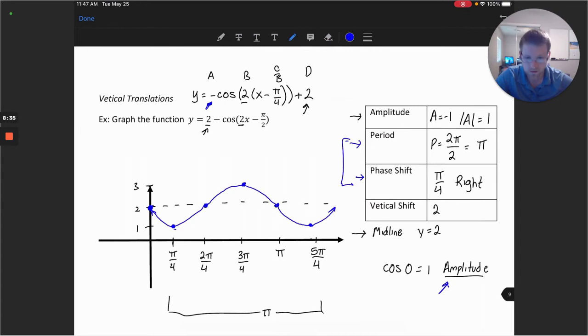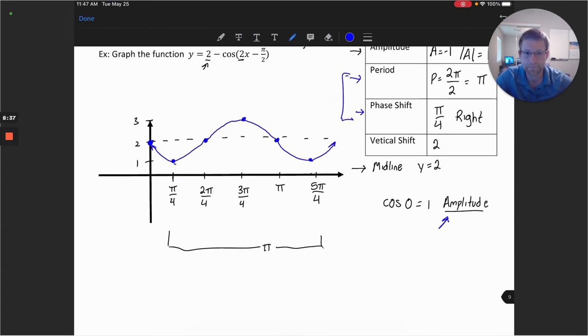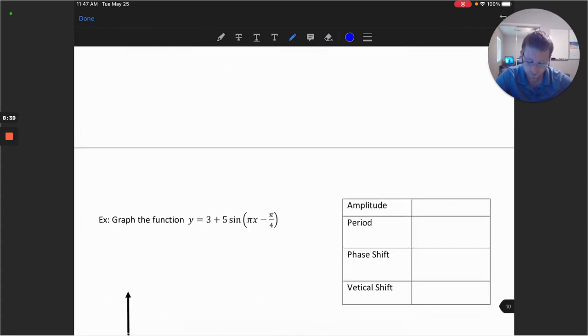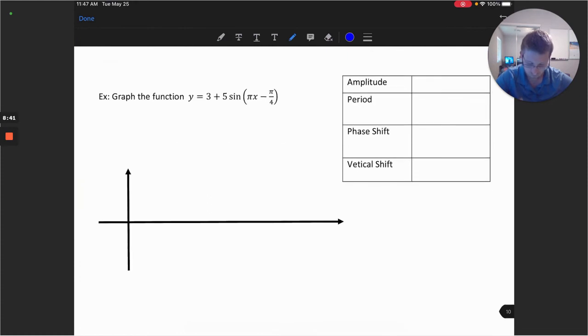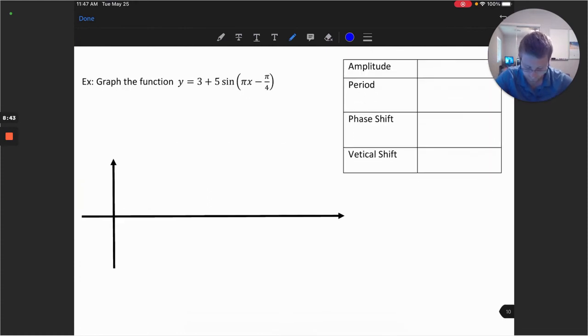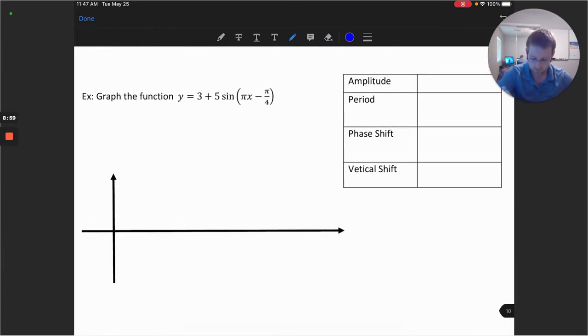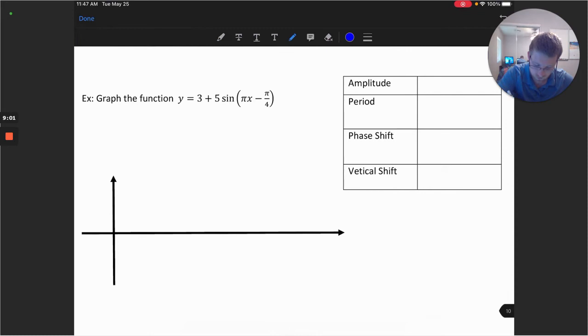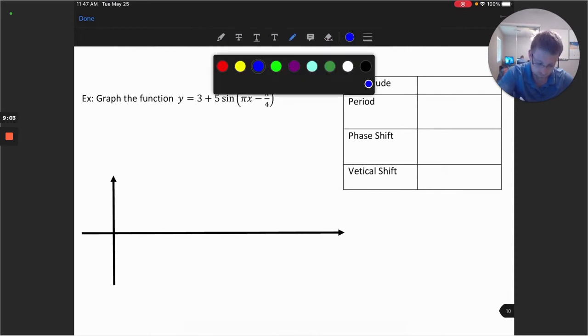So let's take a look at a second example here, and this one will involve the sine function. So again, we see a lot of components here for the sine function. This is 3 plus 5 times sine of pi times x minus pi over 4. All right, so let's consider rearranging this as we did in our previous example.